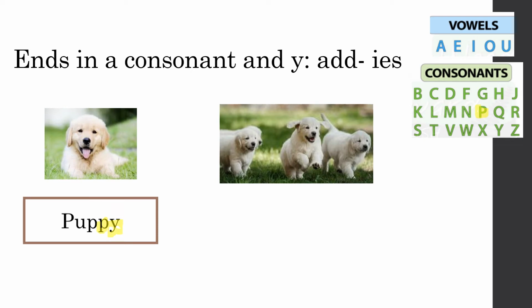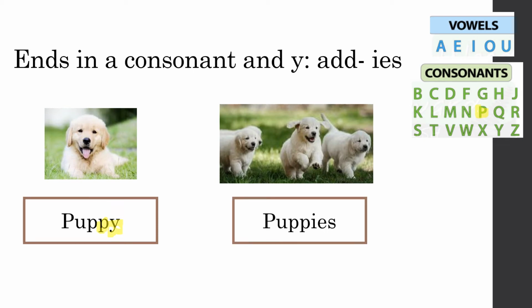If we have more than one puppy, that becomes puppies. And if we look at how the words change when it's become plural, we have dropped the Y and we've replaced that Y with IES to show that it's plural.